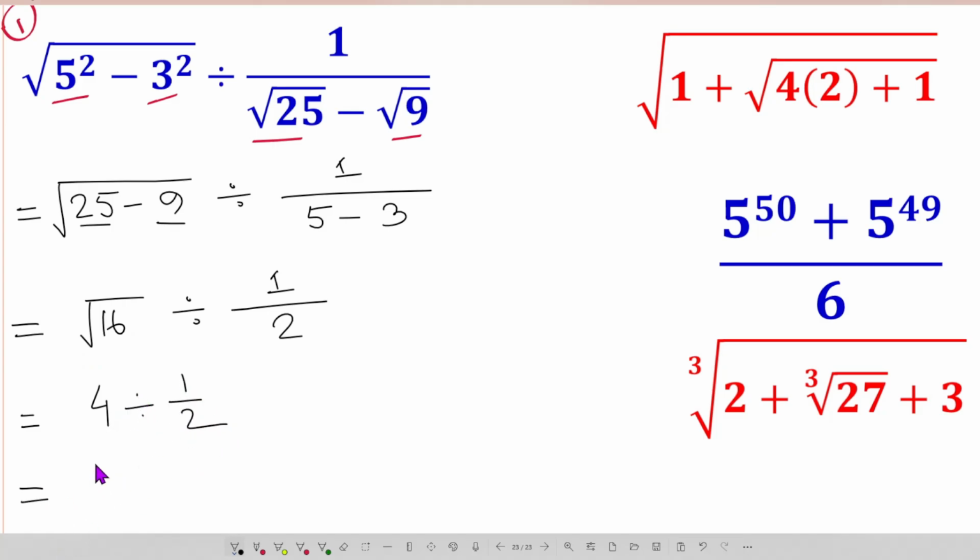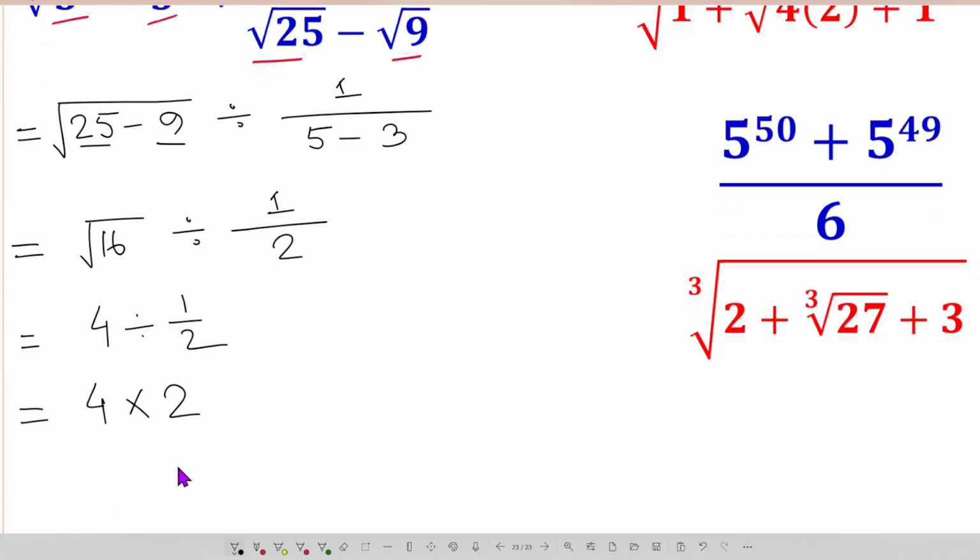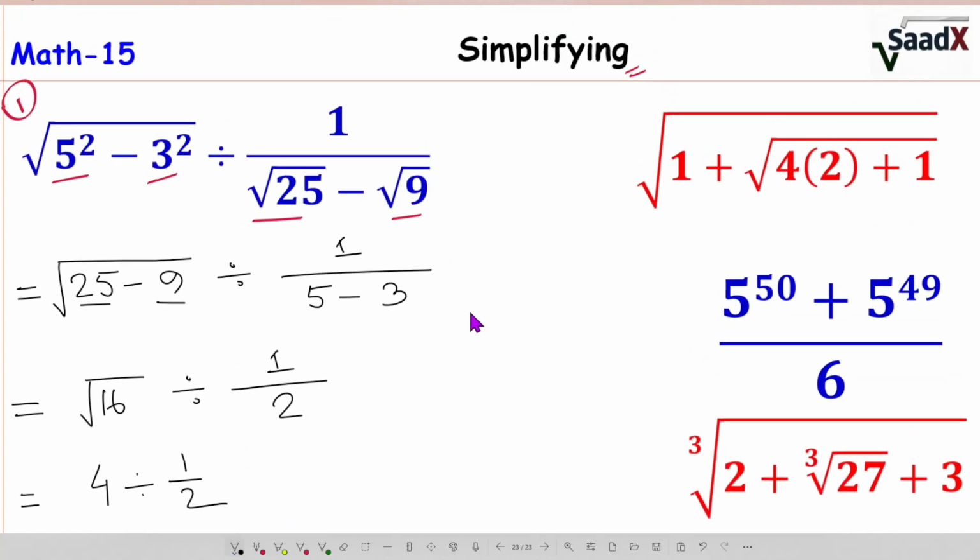So we can write 4 times this 1 by 2 will become flip, so 2. So our answer is 4 times 2, which is 8. This is our answer. Very simple, step by step we are trying to solve the first one.